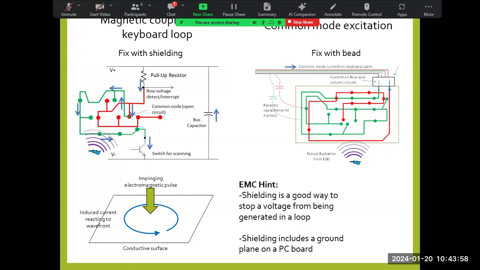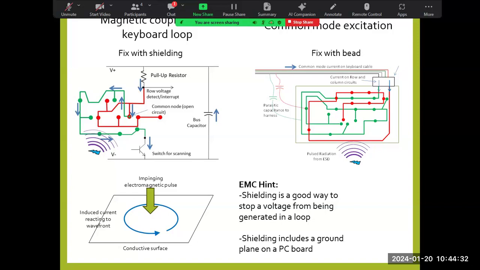And so one way you can make it think you're hitting a key is to send a pulse through the loops inside the keyboard so that it thinks there's a connection of some key, and that triggers the wake up routine. Another way is common mode current. You can get an induced current in the wiring of the USB bus, and we found out both of these things cause the wake up of the computer.